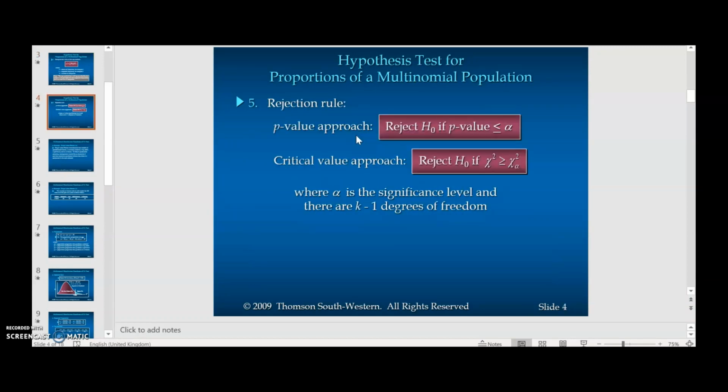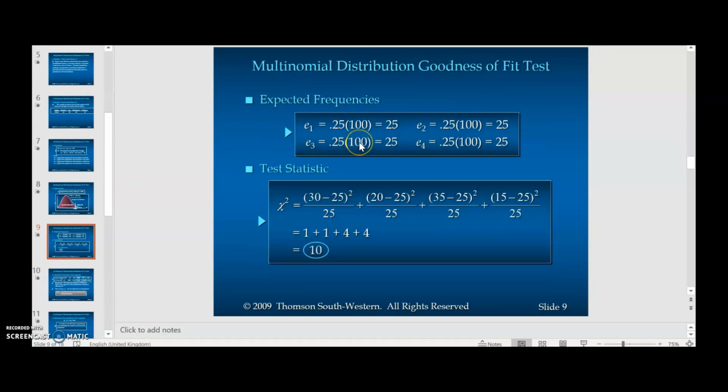Now let us go back to that calculation. So here, the chi-square statistic is equal to 30 minus 25 squared divided by 25.